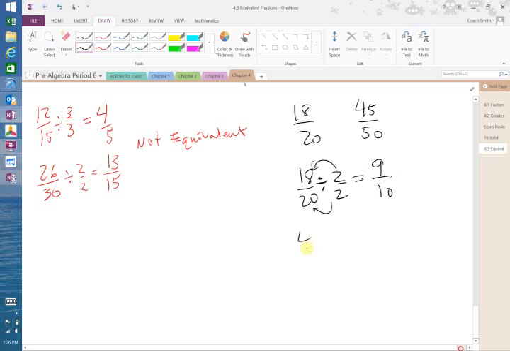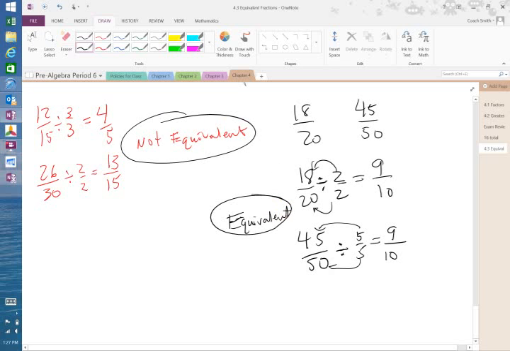Now 45/50, what can I reduce it by? By 5. Divide by 5, 5 into that 9 times, 5 into that 10 times. So they are equivalent. You can also put no and yes.